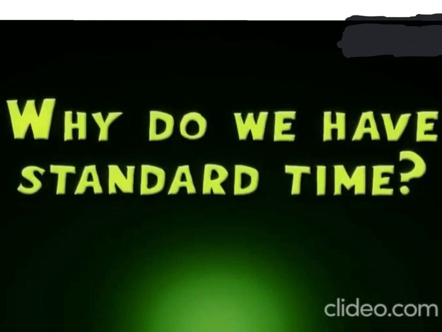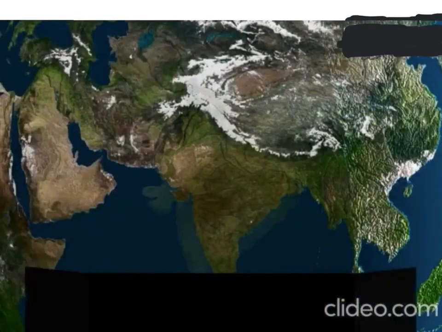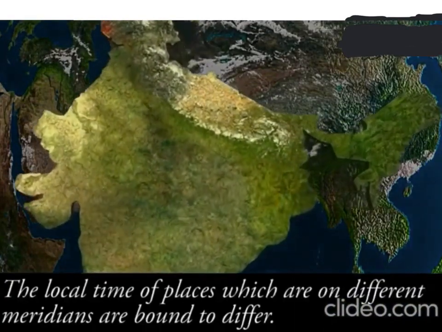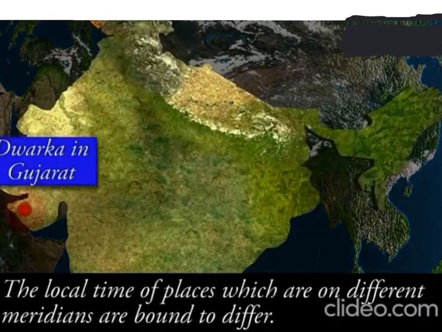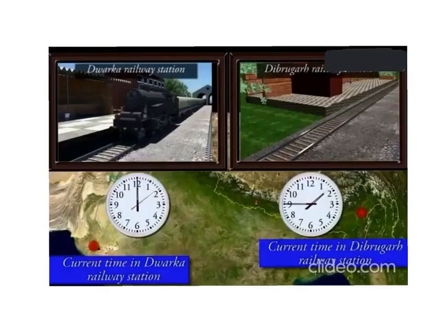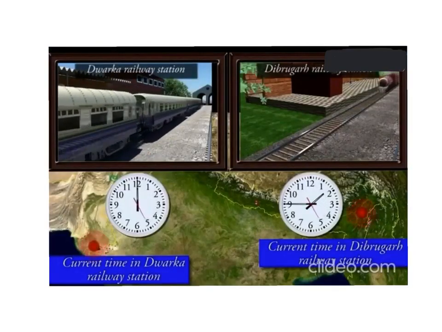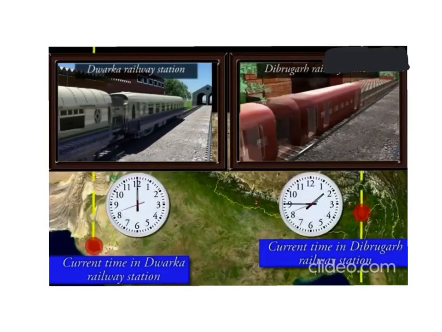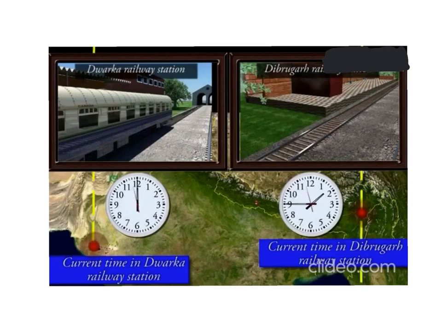Why do we have standard time? The local time of places which are on different meridians are bound to differ. For example, it will be difficult to prepare a timetable for the trains which cross several longitudes.